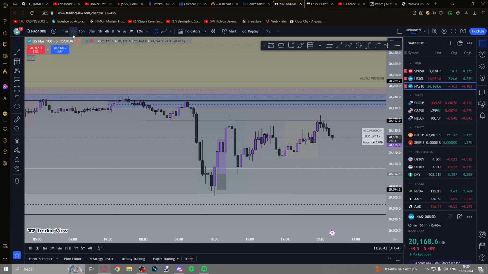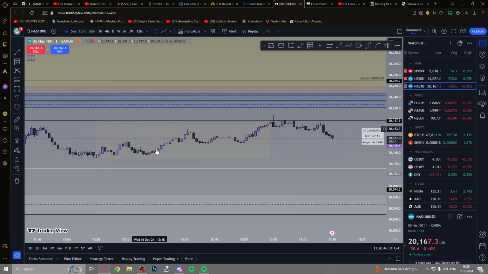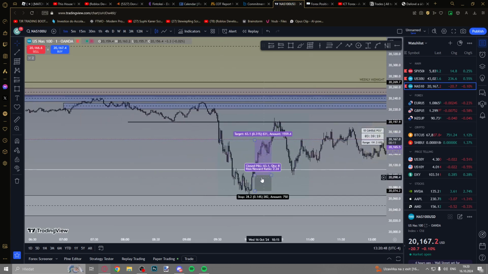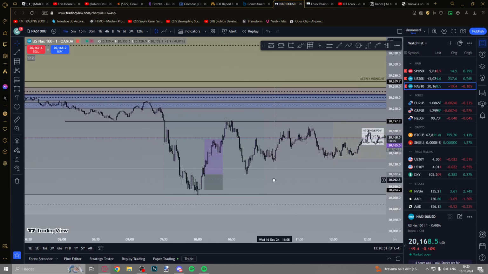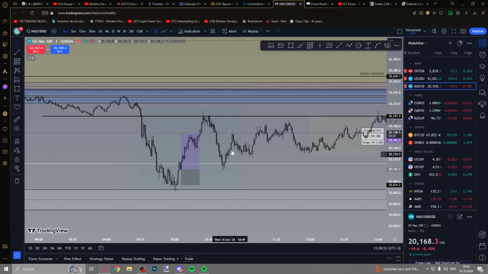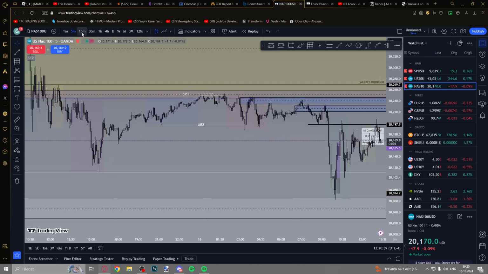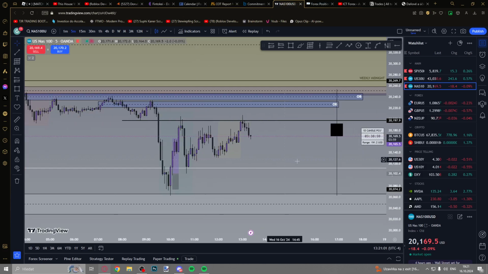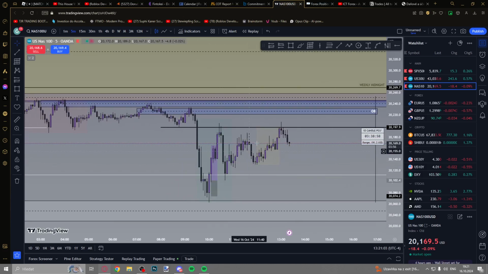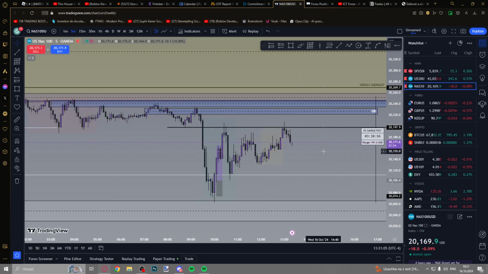We have no market structure shift on the 5 minute. On the 1 minute we did get one, but basically on the higher time frames we didn't get a market structure shift, so we're just consolidating now.